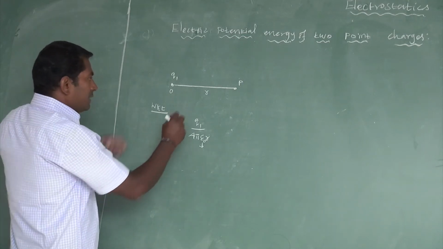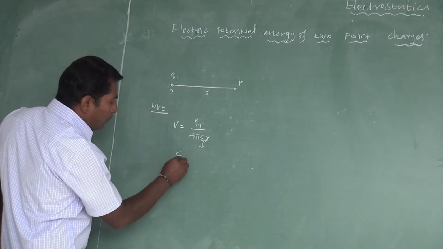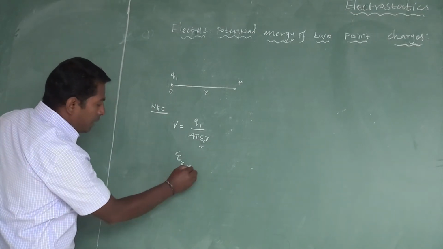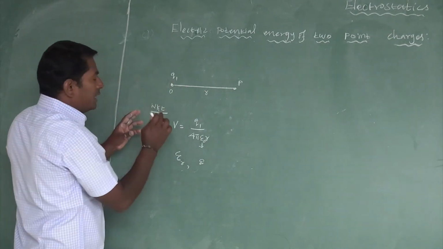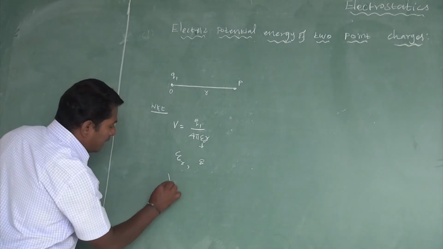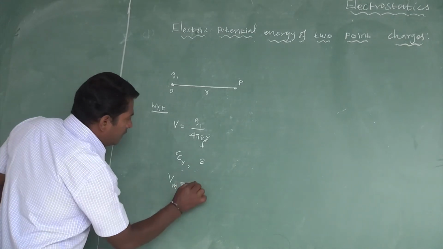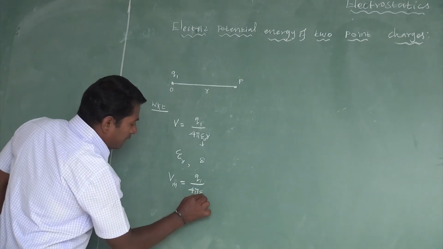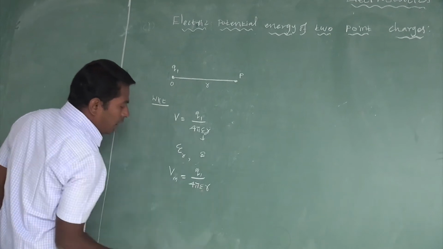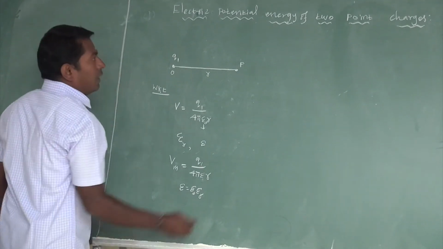Now, suppose this entire system is situated within a medium of relative permittivity epsilon r and permittivity of the medium epsilon. At the same point, with the same magnitude of charge, it produces an electric potential Vm inside the medium equal to Q1 divided by 4 pi epsilon into R. Here epsilon is equal to epsilon naught epsilon r.